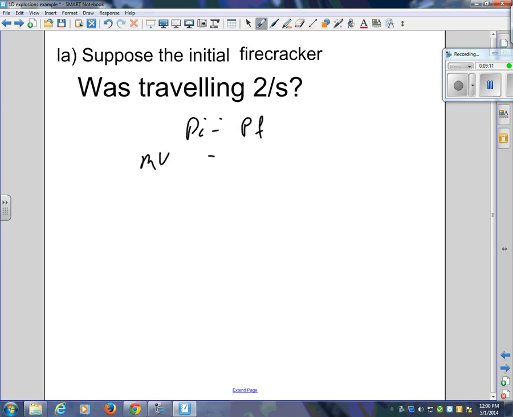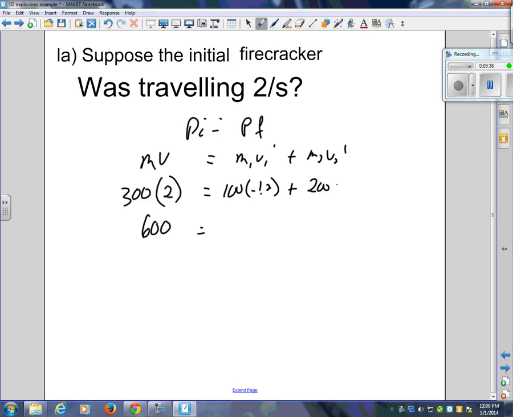Here I'm going to write M1 V1 prime plus M2 V2 prime. So now I'm going to have 300 times 2, or 600. And here, this is now my 100 times minus 1.2, and this is 200 times V2 prime.